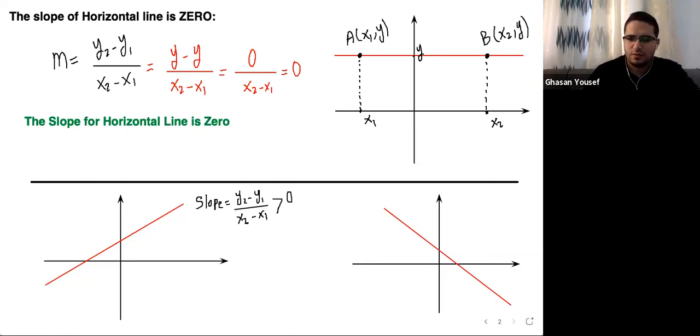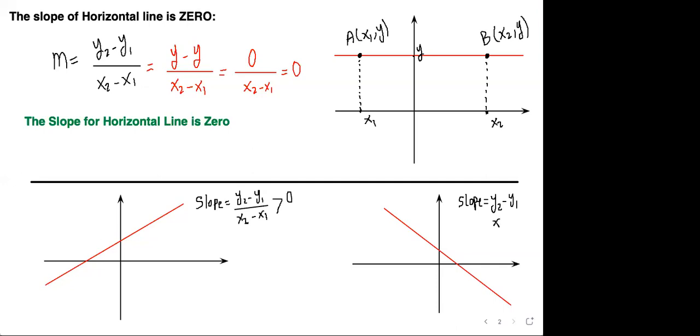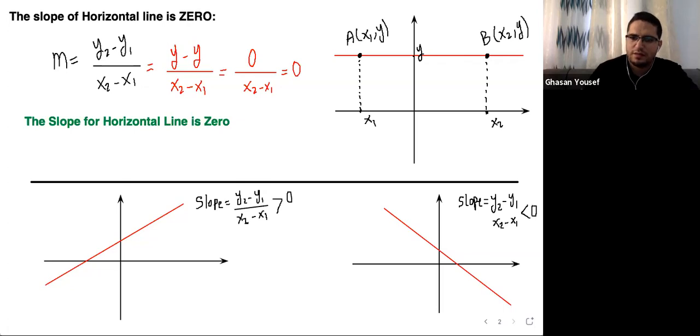And here for any line that looks like this, the slope equals y2 minus y1 over x2 minus x1. It's a negative slope, exactly. The value for the slope in this one is negative. So the slope here is positive, and the slope here is negative.